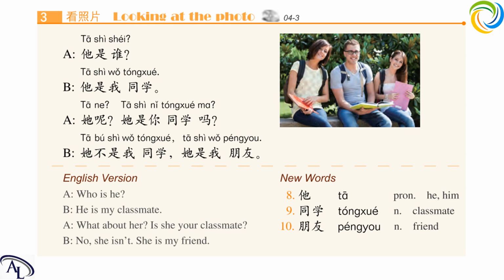Okay, now let's read it from the start. 3, 2, 1. 他是谁? 他是我同学. 他呢? 他是你同学吗? 他不是我同学. 他是我朋友. Okay, let's role play. I will be A and you will be B. 他是谁? 他呢? 他是你同学吗?